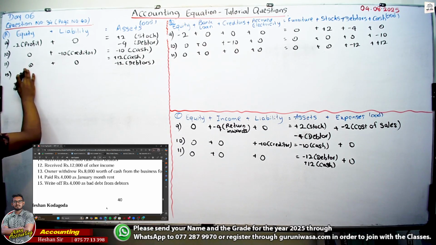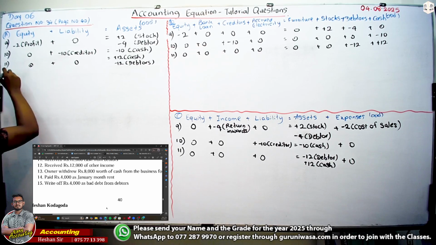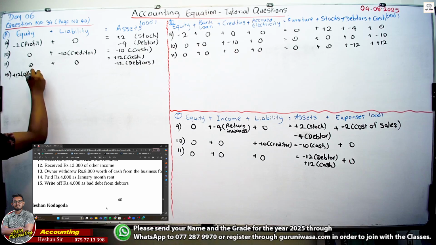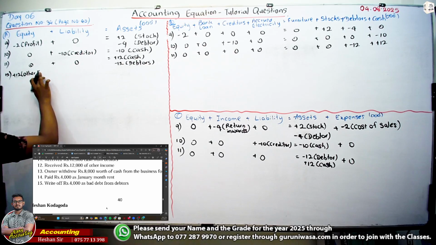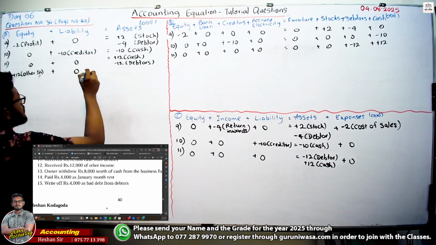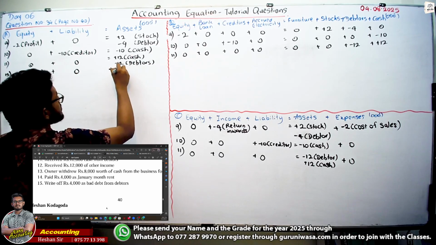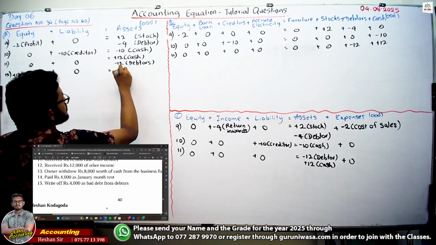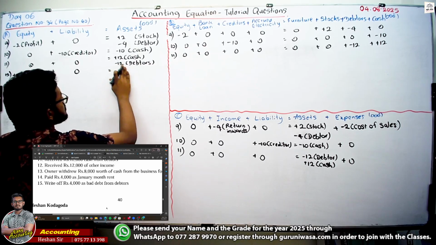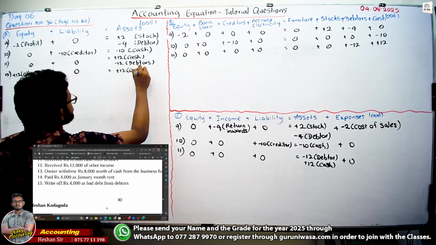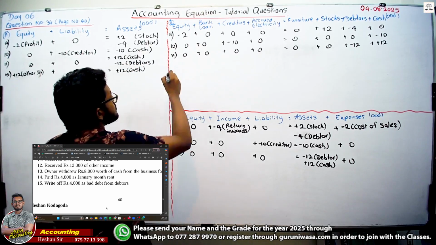Plus 12,000 in here as other income. Asset plus 12,000 as cash. Number 12.